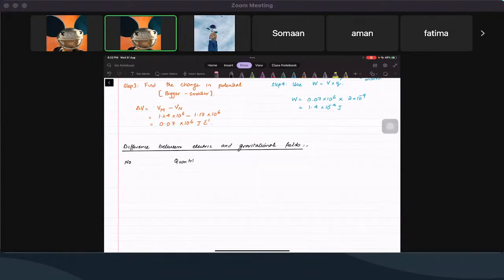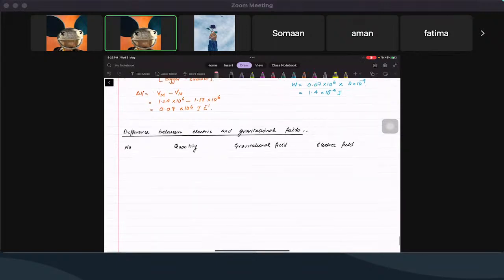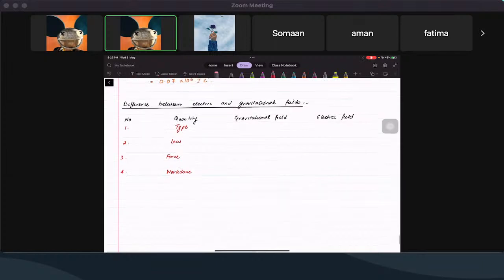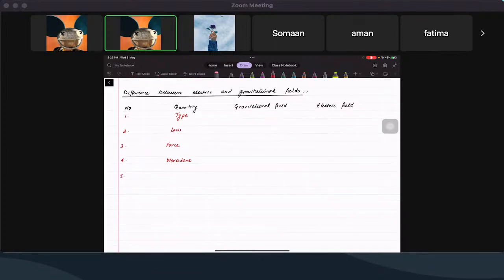quantity that we are comparing, and then we're going to look at what happens to that quantity in a gravitational field and then an electric field. So number 1 is the type, number 2 is the law, number 3 is the force, number 4 is the work done, number 5 is the potential, number 6 is the field strength.